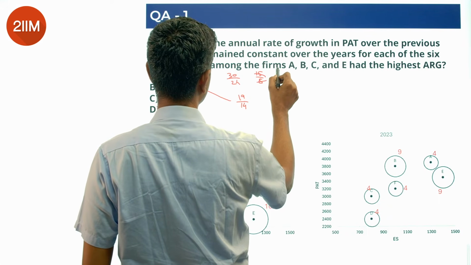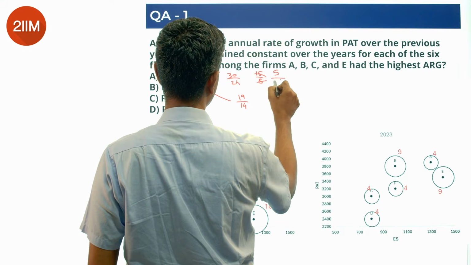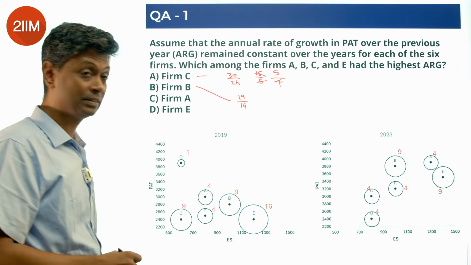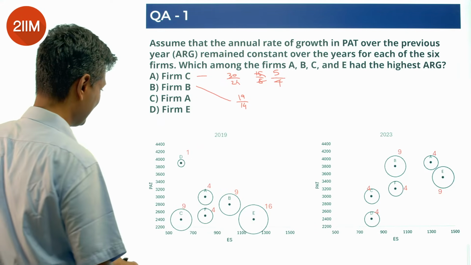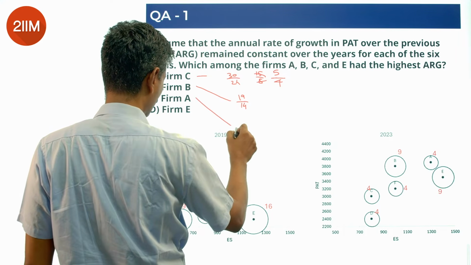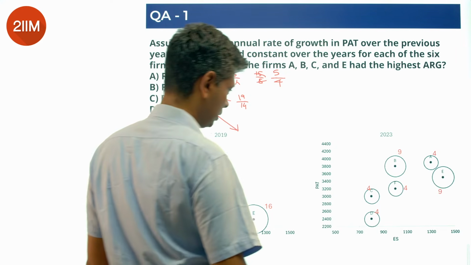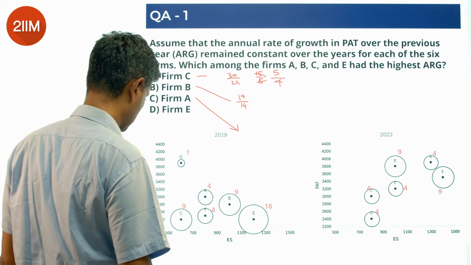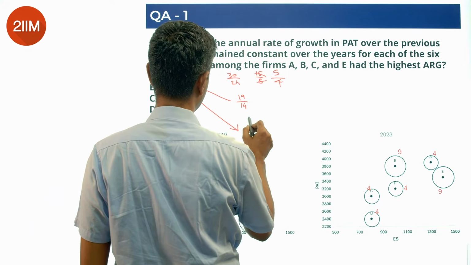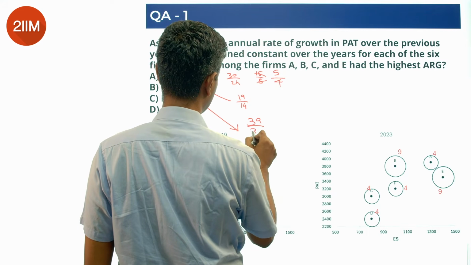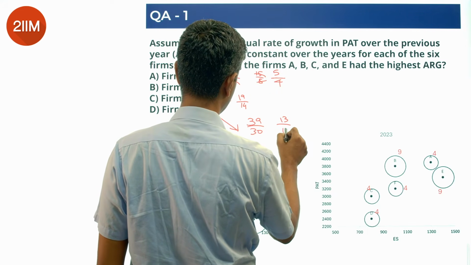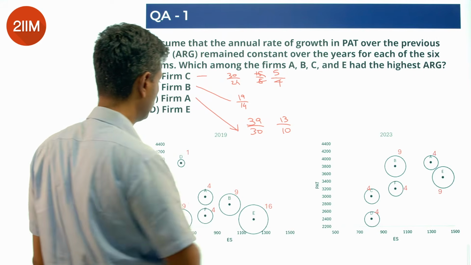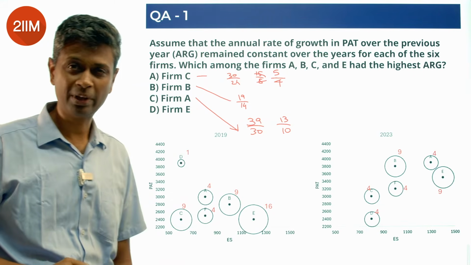These two are close enough. Let's do the other ones. A is 3900 by 3000. 39 by 30, 13 by 10. This is 1.3, this is 1.25. 19 by 14 is probably higher than both of these.